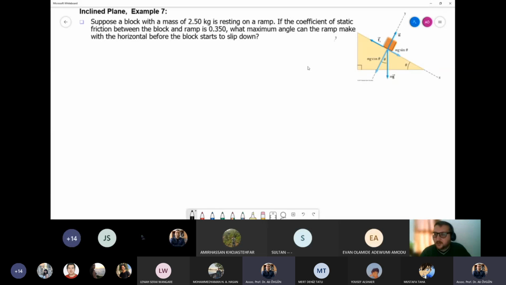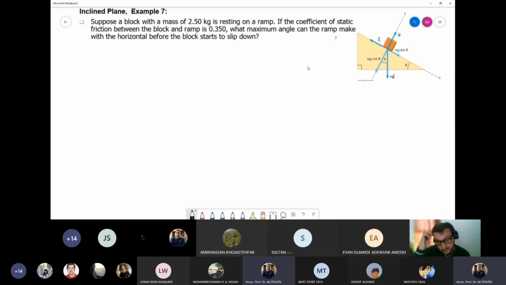There is a gravitational force straight down, and you must take components of this gravitational force. There are two components, mg cosine theta and mg sine theta. And there is a friction force opposite to the motion direction. The block tends to slide down, so the friction force is in the opposite direction.